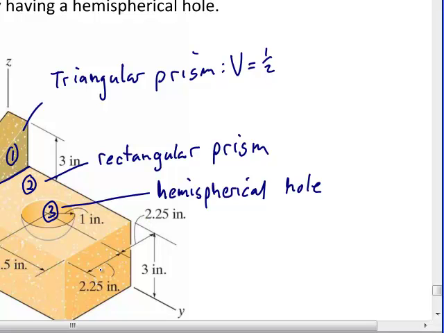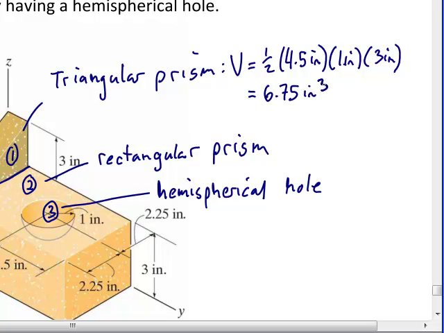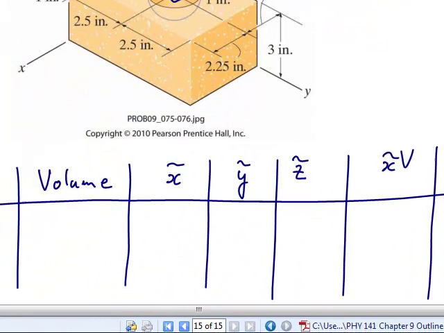That's 4 1/2. The width here is 1 inch, and the height is 3 inches. So 6.75 inches cubed we can put in here.